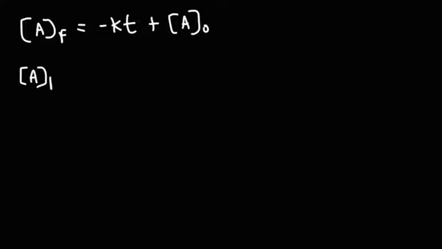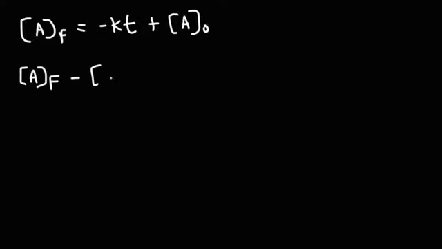Now, let's focus on a zero-order reaction. Let's get the half-life equation for that. So we're going to start with this expression, which corresponds to a zero-order reaction. Now, it's going to be a little bit different. First, I'm going to subtract both sides by A initial.